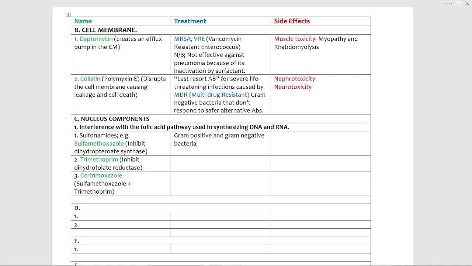Trimethoprim is mainly used for treating UTIs, the urinary tract infections, those that are mostly caused by E. coli. If you've got a UTI caused by E. coli, you can use trimethoprim, or those caused by Klebsiella or Proteus mirabilis and others. It's also very much convenient against prostatitis.